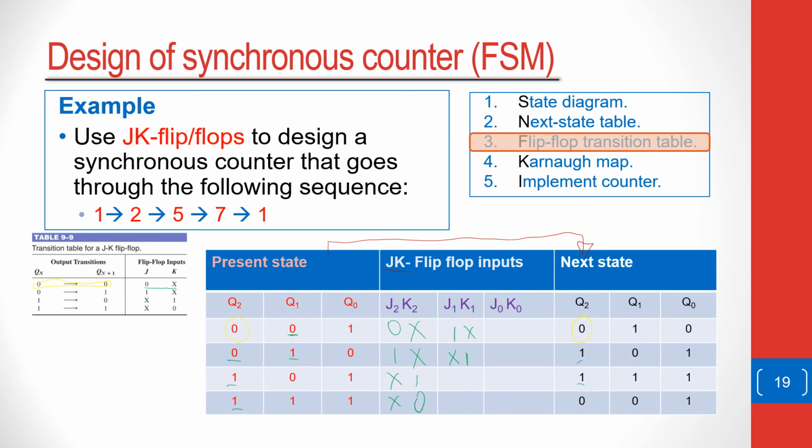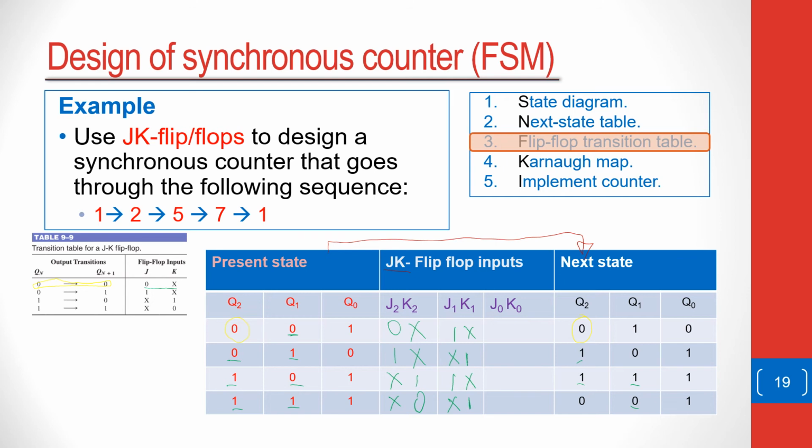Then you're transitioning from 0 to 1. From 0 to 1, we don't care about that, and this becomes 1. Then you're transitioning from 1 to 0. From 1 to 0, we don't care about that, but this becomes a 1.